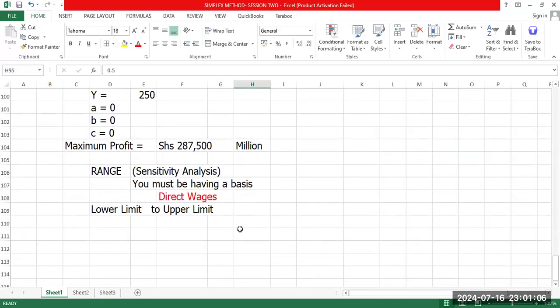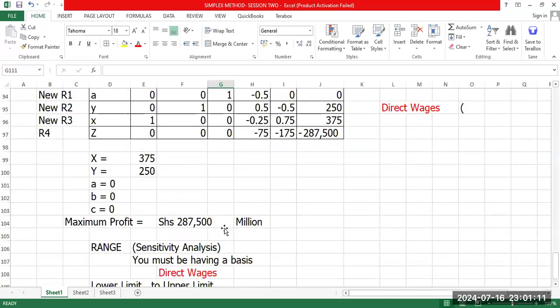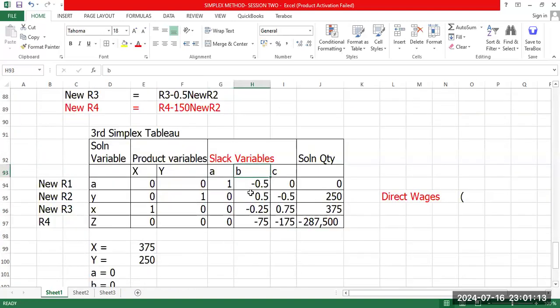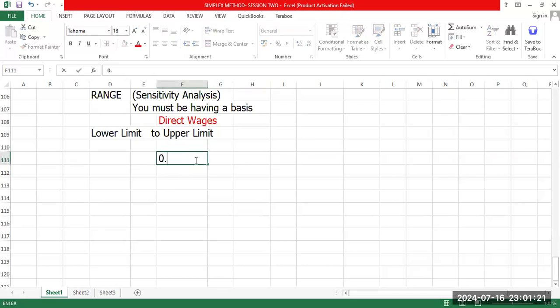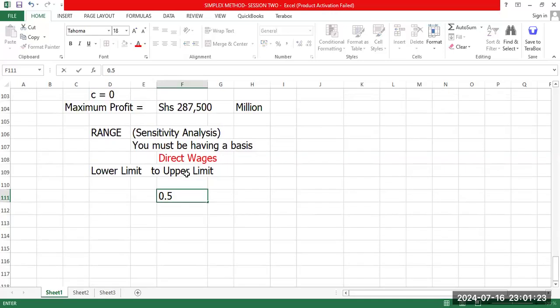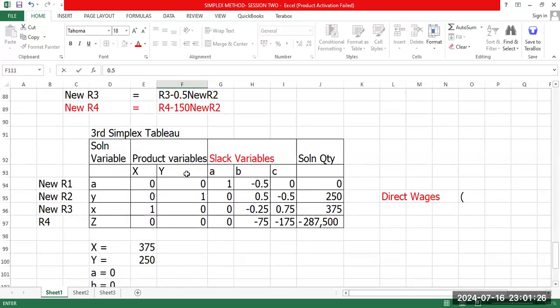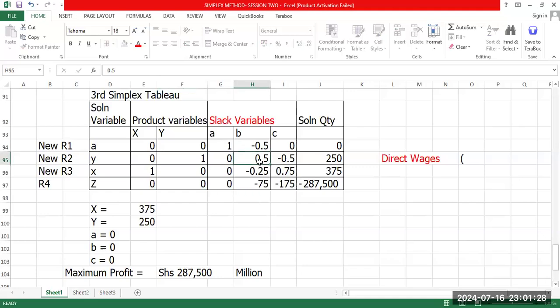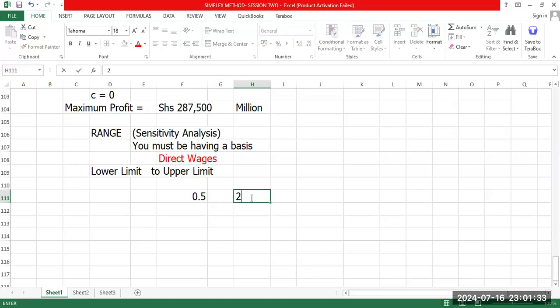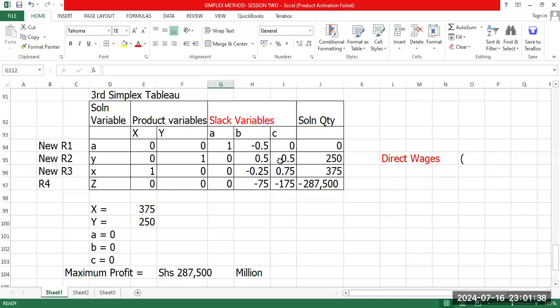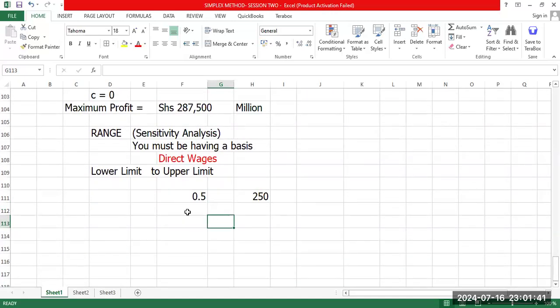I can choose, this is B. I have this value, 0.5, which is positive. Is it positive? Yes. Then I have another value, 250. Let us follow together.